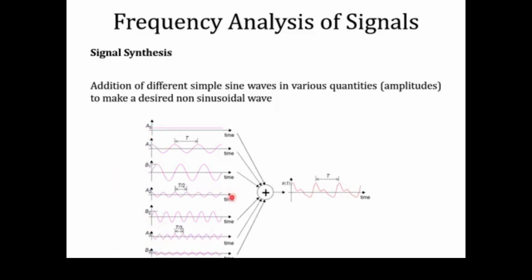So after combining all these 7 simple ingredients, the resultant quantity will be a complicated looking non-sinusoidal signal.